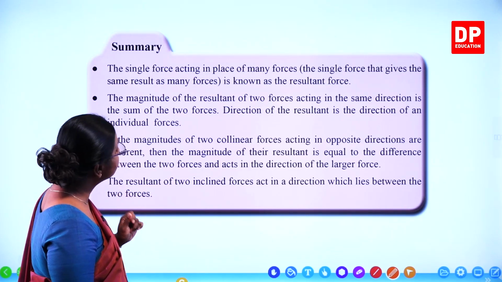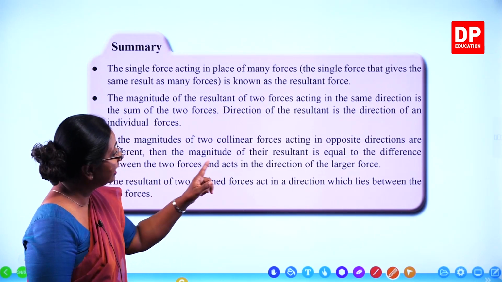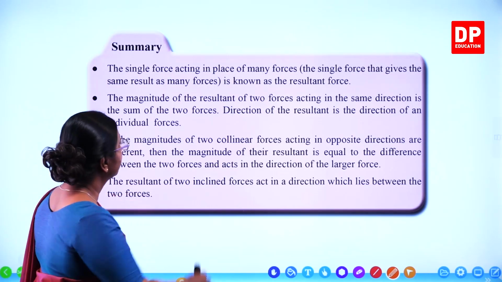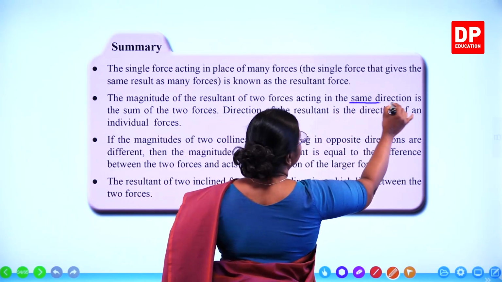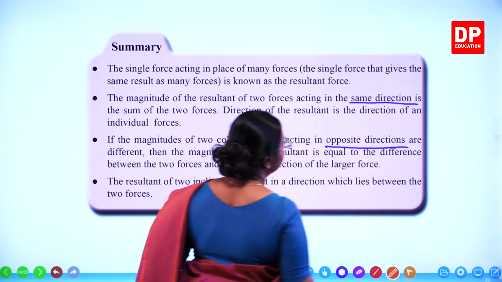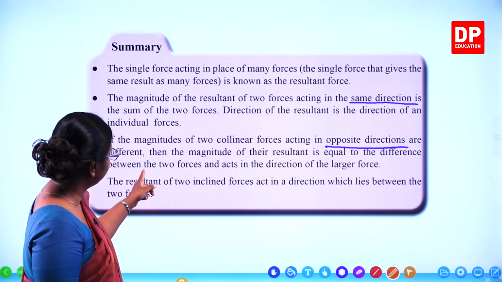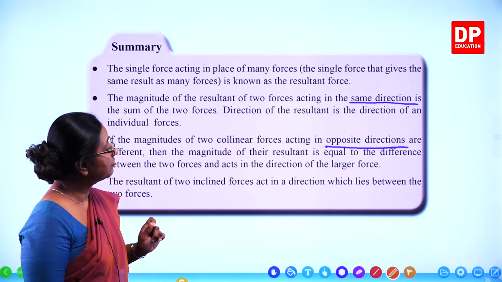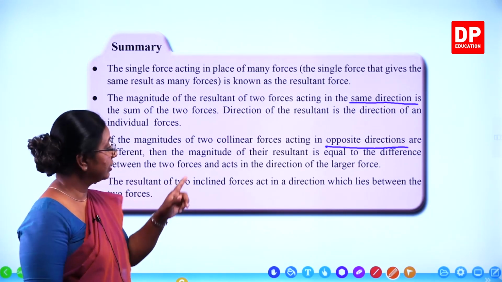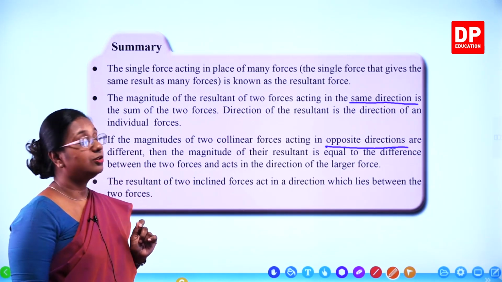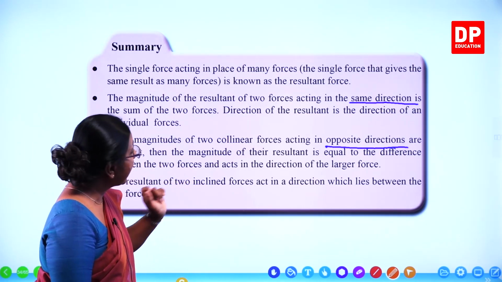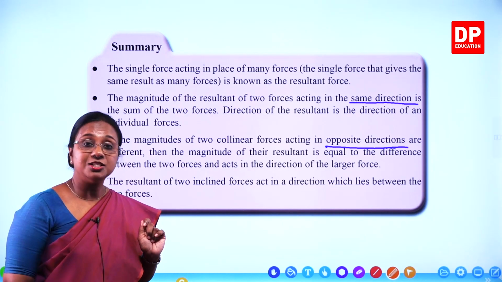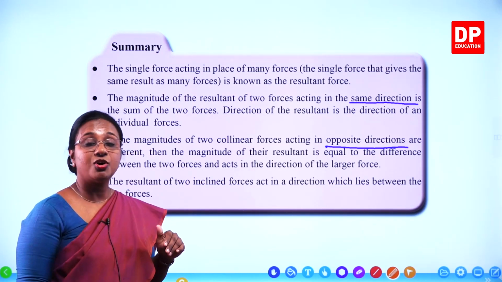If the magnitudes of two collinear forces acting in opposite directions, so here same direction, here opposite directions, are different, then the magnitude of their resultant is equal to the difference between the two forces and acts in the direction of the larger force. So we did calculations there also.